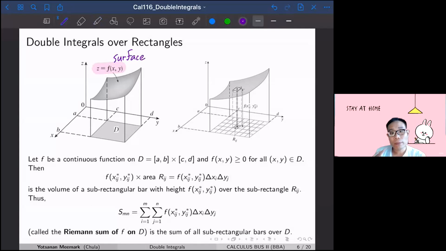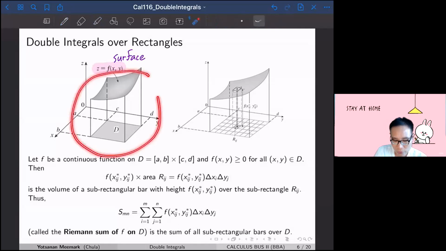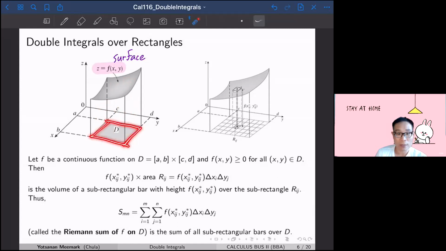And the problem that we are dealing with is, how would we find the volume of the solid? So you see here that you have a solid. It looks like a bar. If you'd like to find the volume of the solid that is bounded above by the surface, and it's going to be over the xy plane.